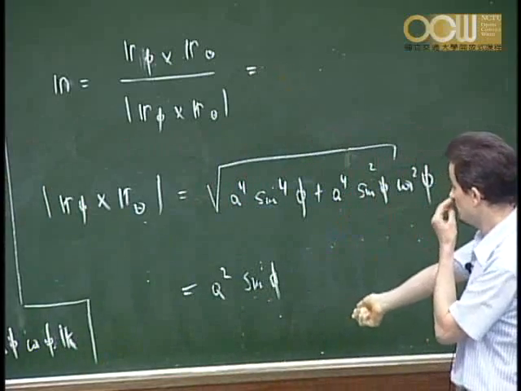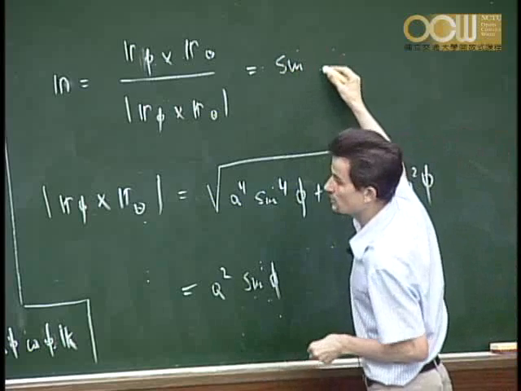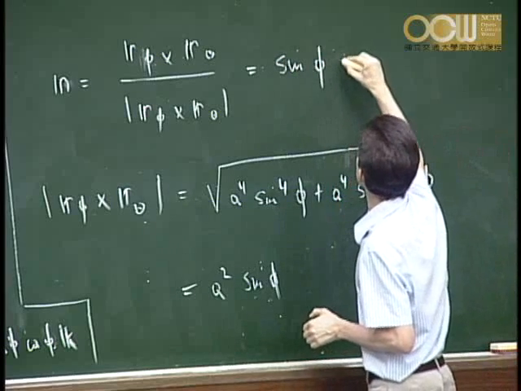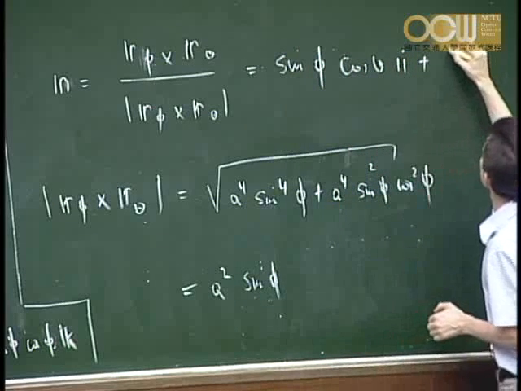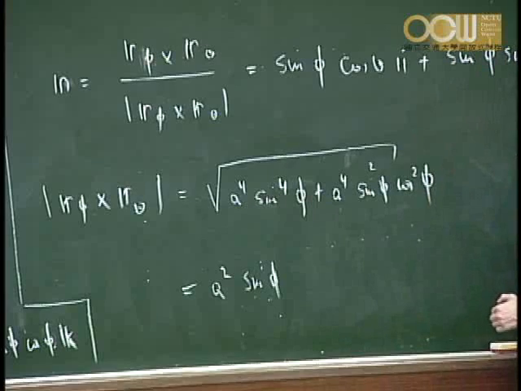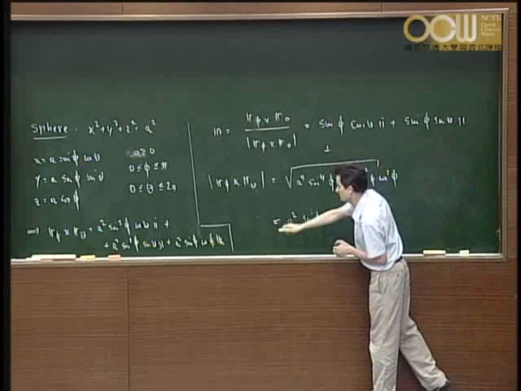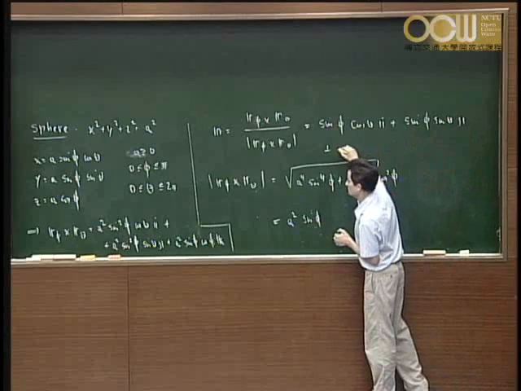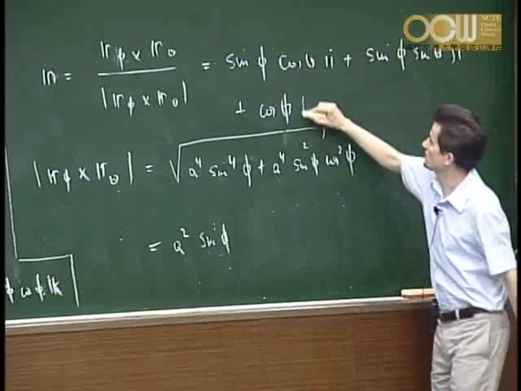Okay, so this means that this unit normal vector is given by, you divide everything by this here, sine of psi cosine of theta i plus sine of psi sine of theta j plus cosine of psi k.